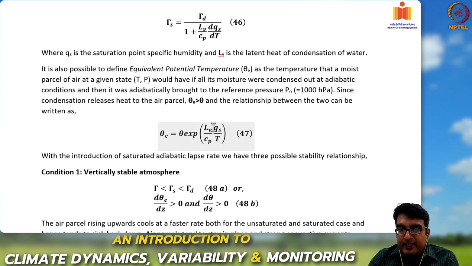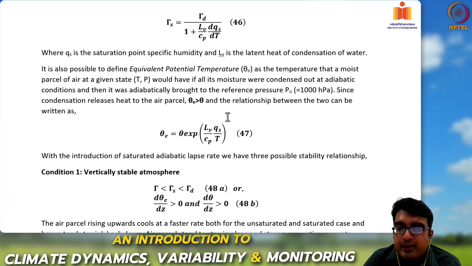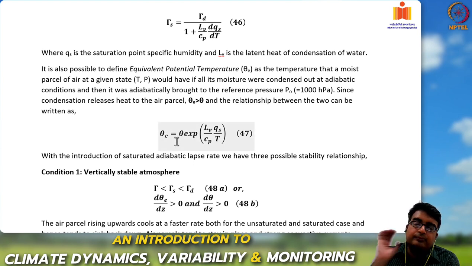So, latent heat of vaporization by Cp, the specific heat of air, times Qs by T. Qs is again the specific humidity, and T is the initial temperature of that parcel of air. So, this is the expression, and in general this expression is greater than theta.